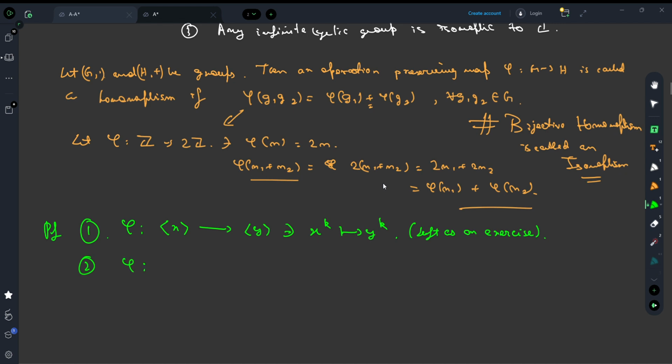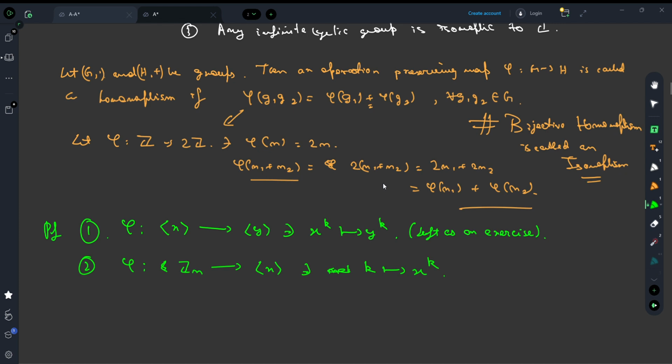We prove statements 2 and 3. Indeed, if you prove statement 2, then you can obviously get hold of statement 1. So in statement 2, we choose a mapping from say Zn to the group generated by X such that K is mapped to X to the power K. First thing first, this mapping is obviously surjective.